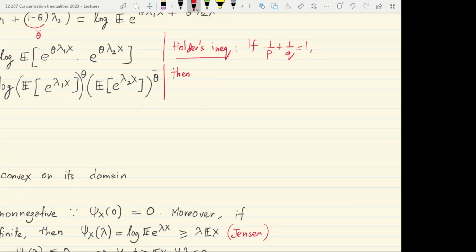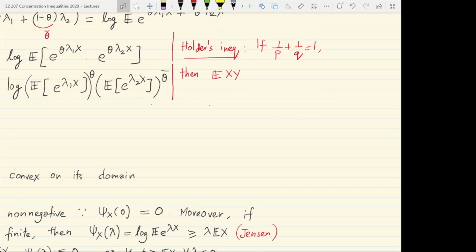and you have any two random variables x and y, the expected value of xy is upper bounded by the expected value of, so in fact I can put modulus signs here to make all of these quantities and random variables non-negative.